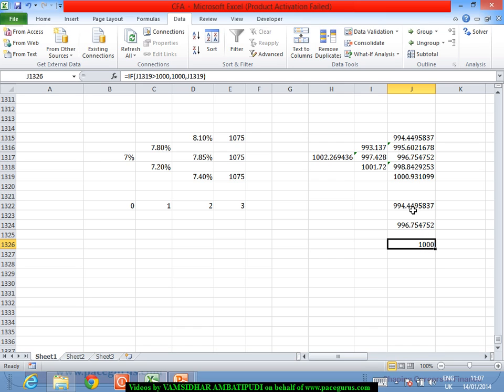Now using that logic, I can find out the expected values. Here in this case, the expected value is 995.6 only, whereas here there is a small change. Instead of 998.84, it becomes 998.37.